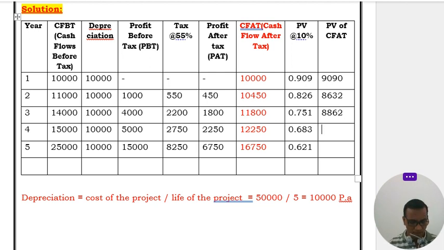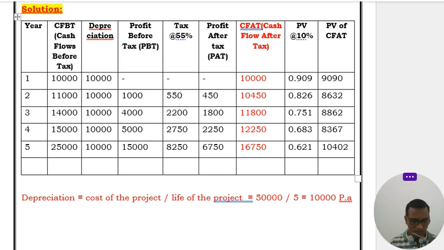And next, 12,250 multiplied with the fourth year table value at 10%, 0.683, that equals 8,367, rounded up to 67. And then the last year, 16,750 multiplied with 0.621, that is 10,401.75, rounded up to 402.